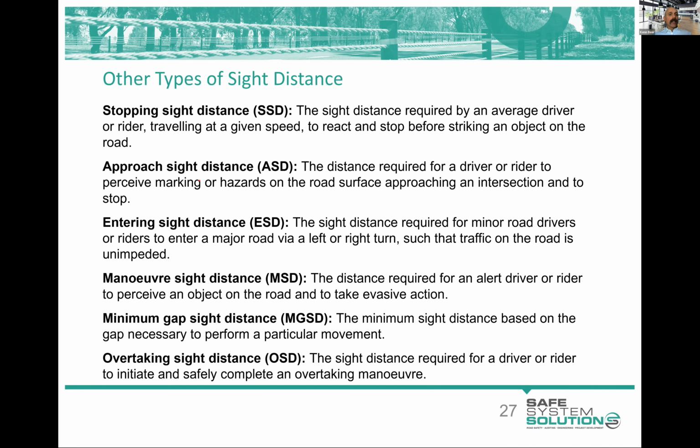But stopping sight distance, approach sight distance, entering sight distance, manoeuvring sight distance, minimum gap sight distance, overtaking sight distance, and they're all based on essentially the same formula. You're just trying to ensure sight lines for different things, like approach sight distance, looking for the pavement in particular from certain eye heights.